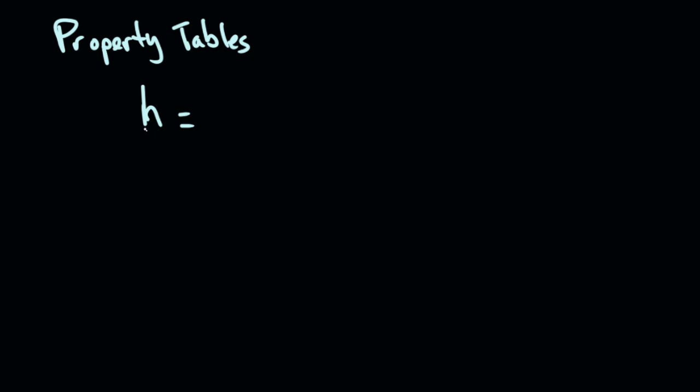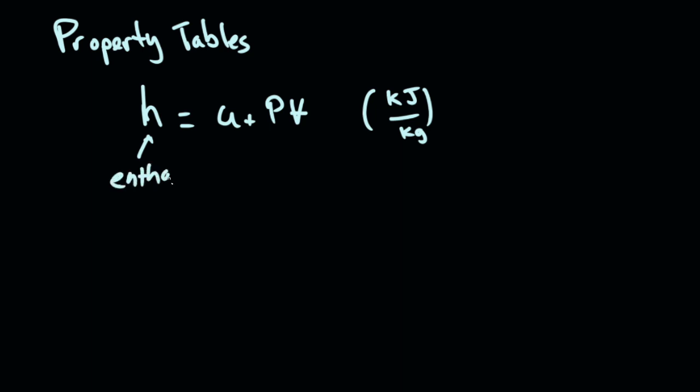Let's talk about water. The enthalpy of anything is equal to little u plus pressure times volume. The units are kilojoules per kilogram because it's per unit mass. This is enthalpy, spelled this way.